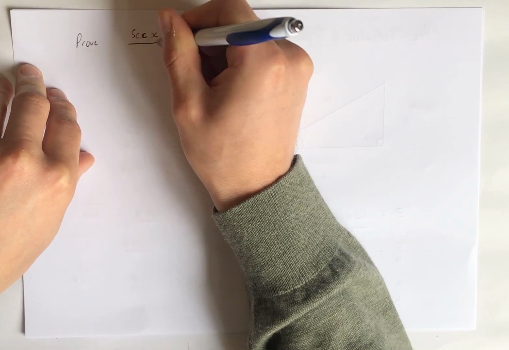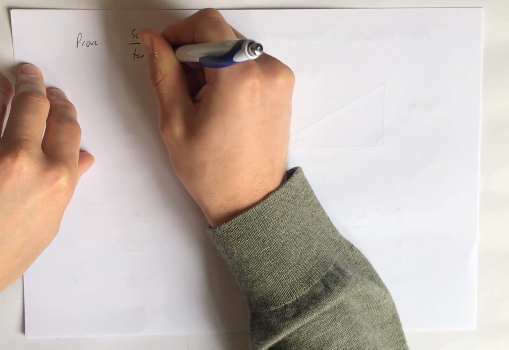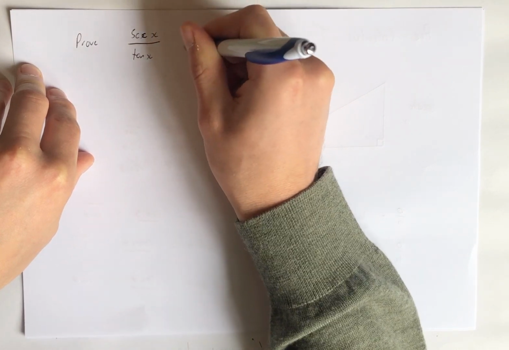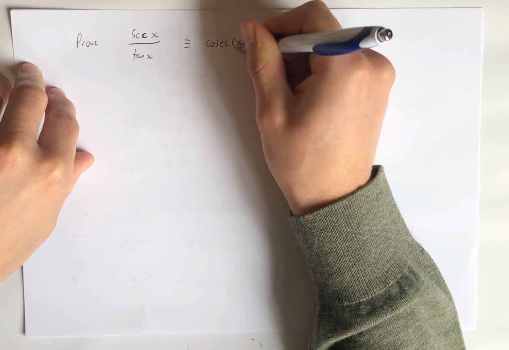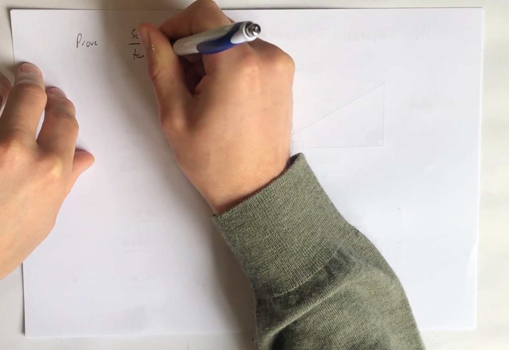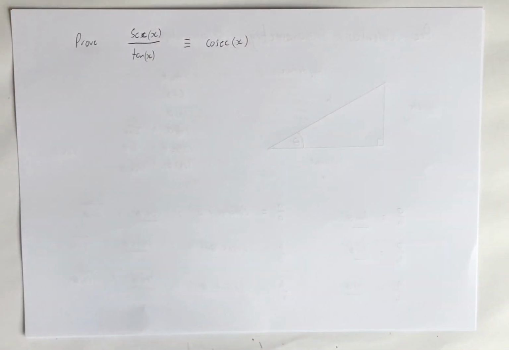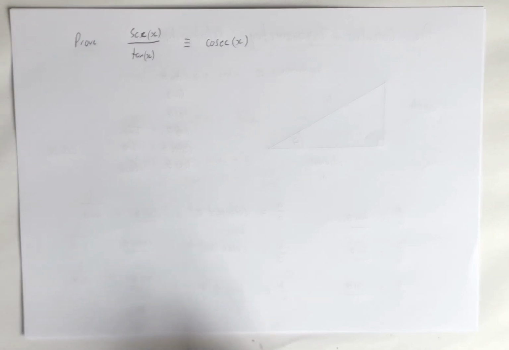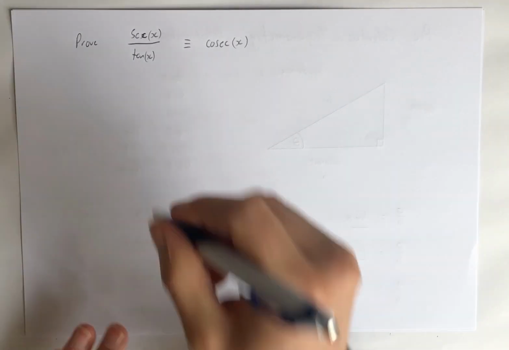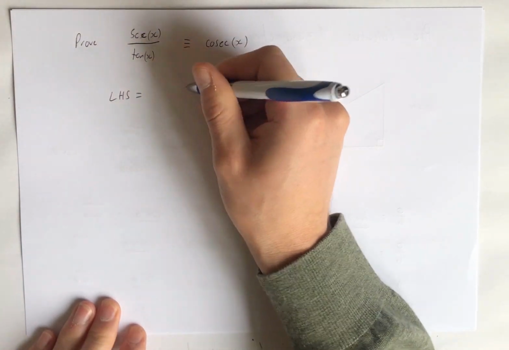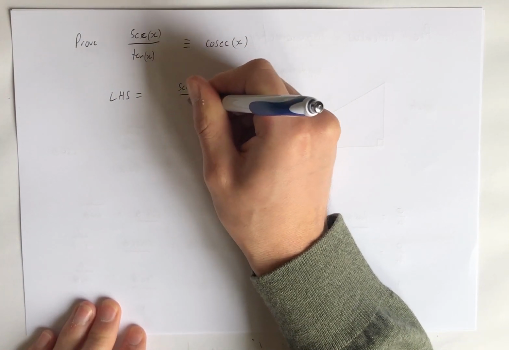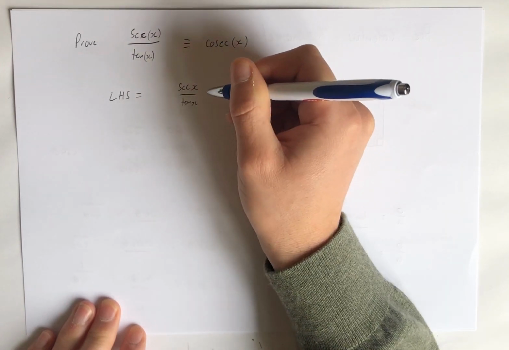sec x over tan x is equivalent to cosec x. A lot of textbooks put the brackets around, but I get a bit lazy and I don't do it. It's kind of obvious, right? So we start, left hand side is equal to sec x over tan x.